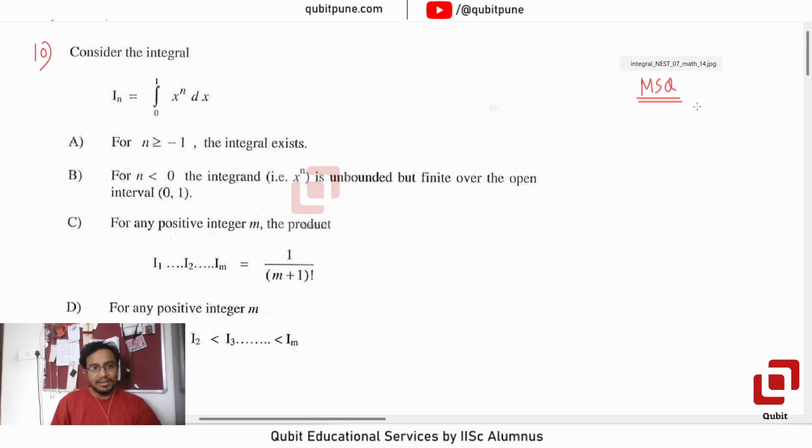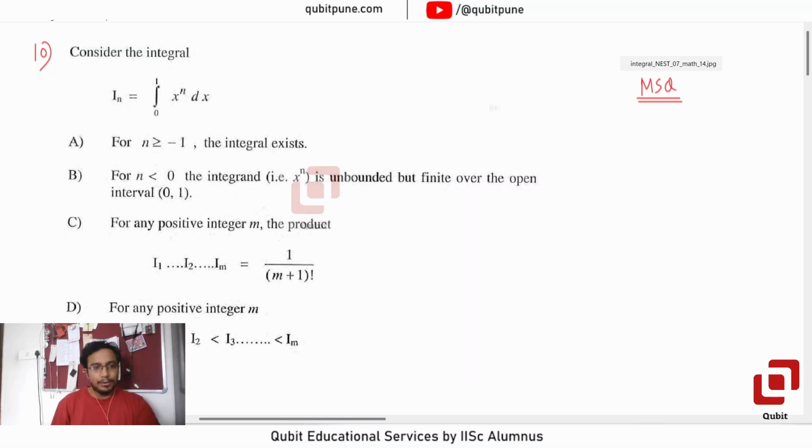For n less than 0 the integrand, that is x raised to n, is unbounded but finite over the open interval 0 to 1. For any positive integer m, the product I1 into I2 into I3 up to Im is 1 upon (m plus 1) factorial. For any positive integer m, I1 is less than I2 is less than I3 up to Im.